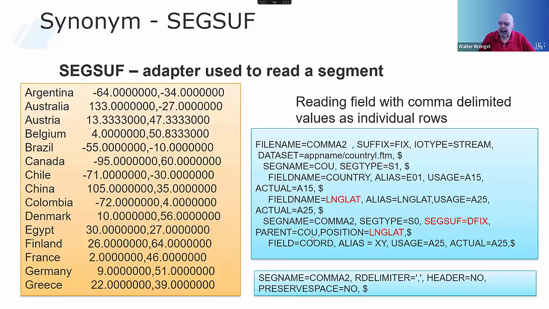But now I'm redefining that as award, and it's going to be, actually that should be usage A12. Because actually it doesn't matter if it's A25. It'll take the 25 because it's comma delimited. It'll only read 12, and then it will add the rest of the field. So this will work. I probably wouldn't have used the full A25, but it will work.